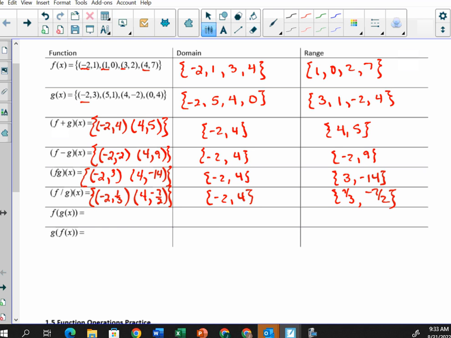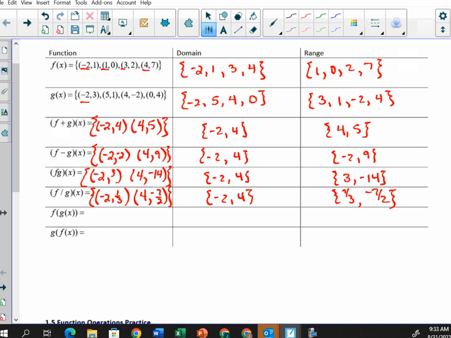Okay, so then let's try g of f of x. So where do I have to start this time? F of x. So -2 gives me 1. Is there a 1 as an input? No. So I get nothing. Okay. What about 1 gives me 0?